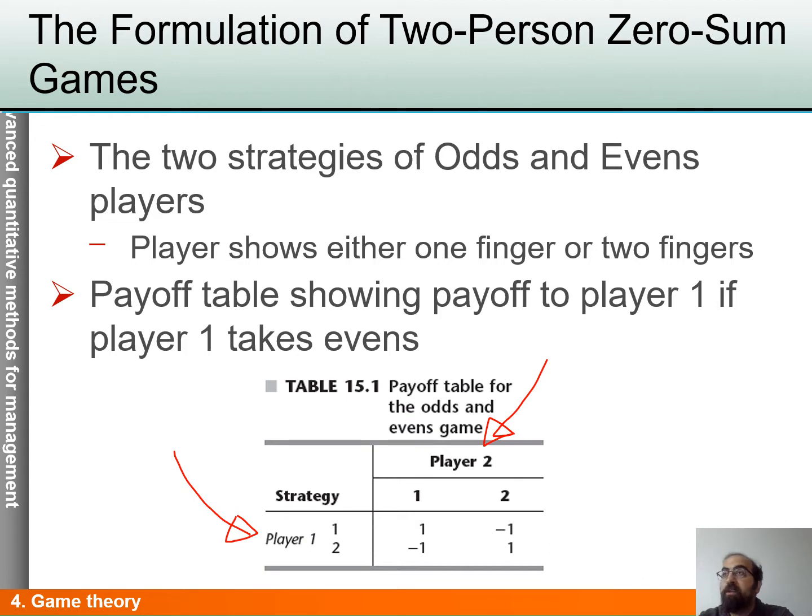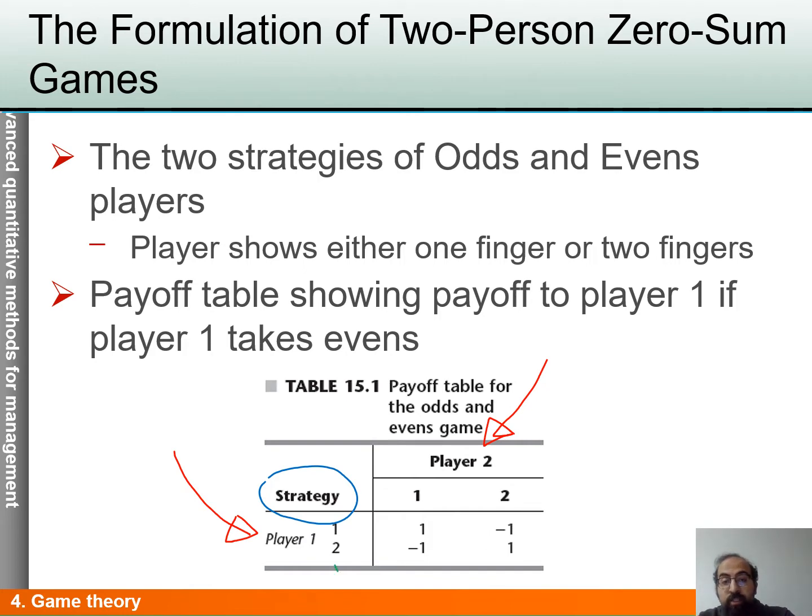When we are talking about two different players, we need to put them like this. As you see here, we have the word strategy. So this strategy can be different numbers for the different players, player 1 or 2.